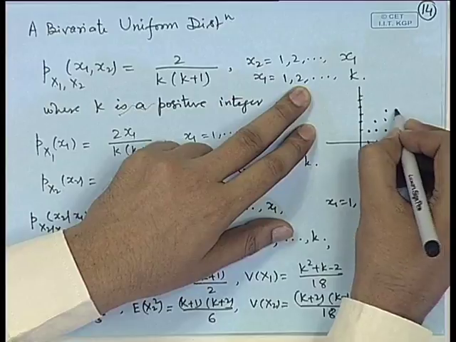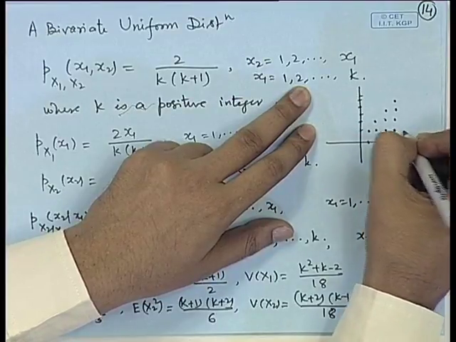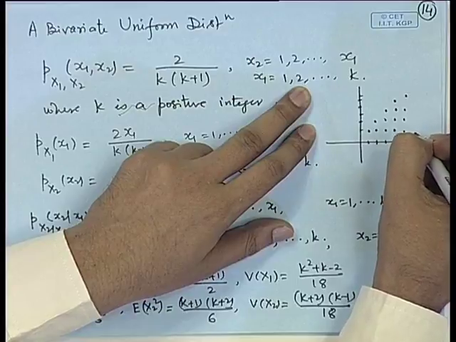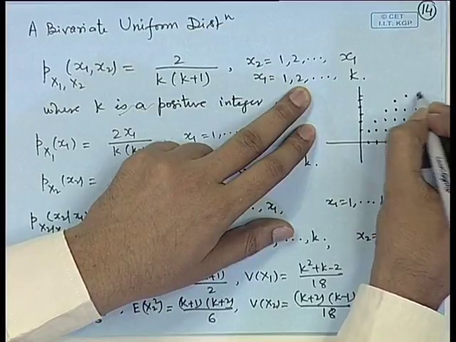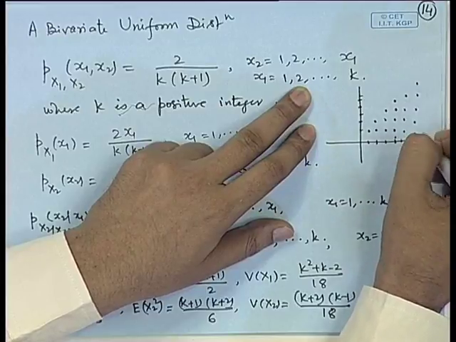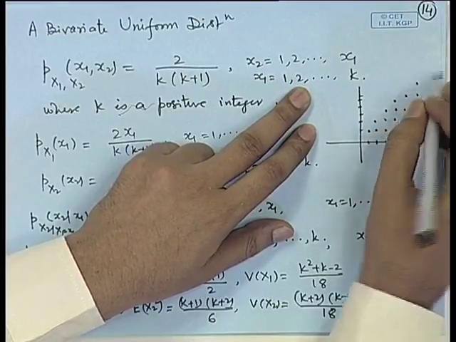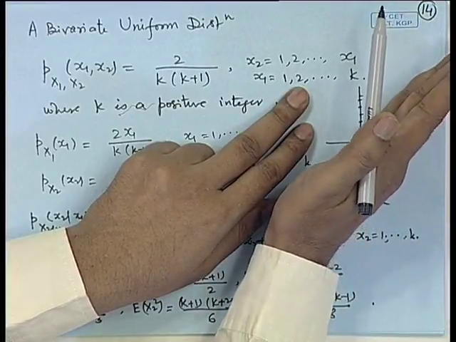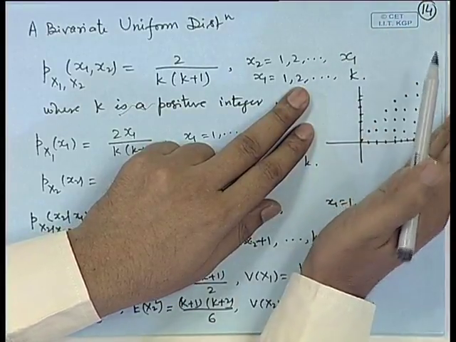So, you can see that this distribution is a discrete uniform distribution with probabilities concentrated on these diagonals. You can say it is half of the square actually.